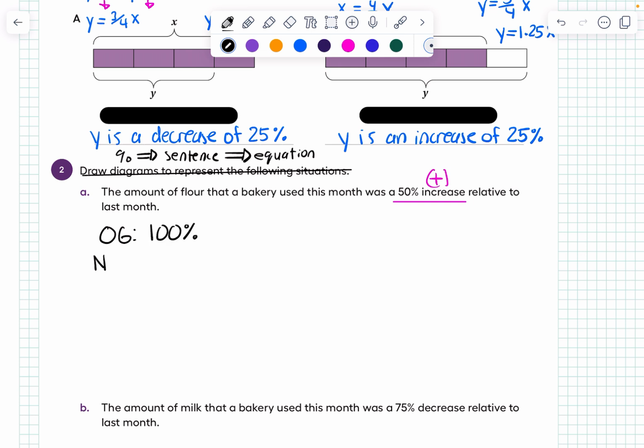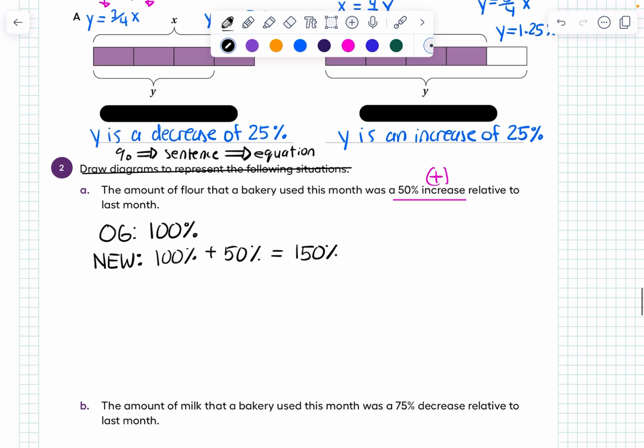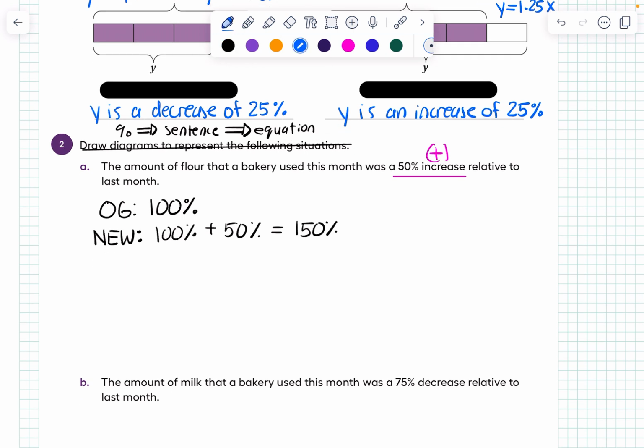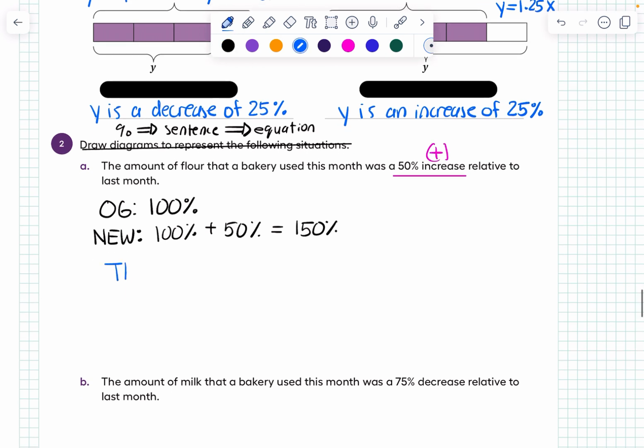And then the new amount, since it's a 50% increase, would be 100% plus 50%. So that would be 150%. So now this helps me construct my sentence. The new amount is 150% of the OG.